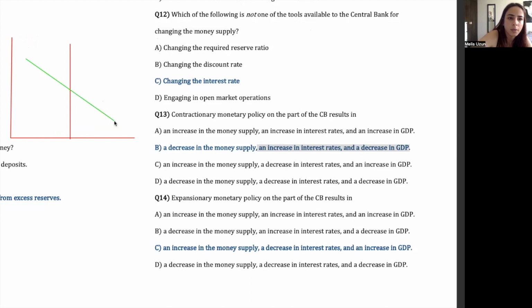This was our money demand. If the central bank implements expansionary monetary policy, our money supply will shift to the right. This one was our interest rate in here, but now the intersection point of money supply and money demand is here, so the interest rate decreases and GDP increases. So option C.